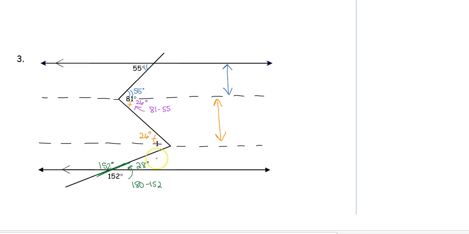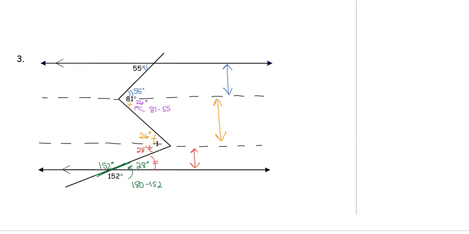This is 28. 180 minus 152 leaves us with 28. Now I have my last two parallel lines. This 28 has to stay within these two lines, using those alternate interior angles being congruent. I know this is going to be 28 as well.